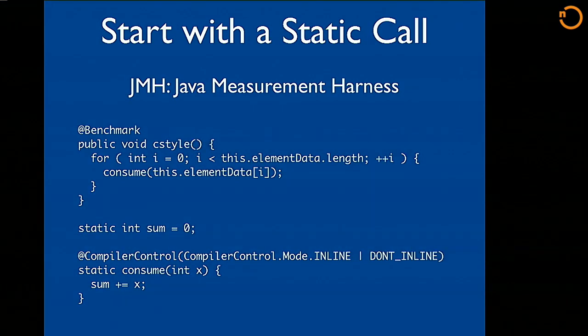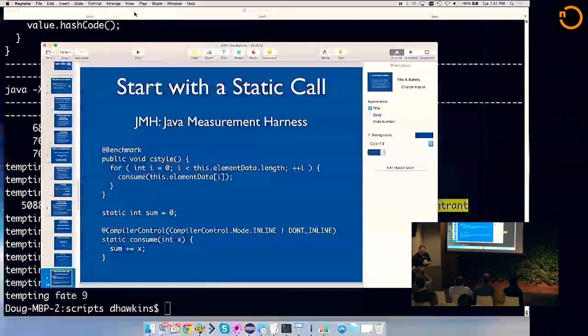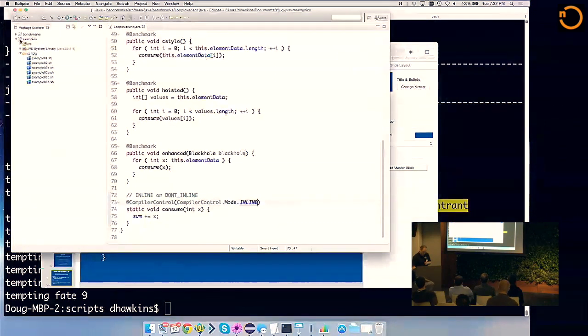We'll actually benchmark this. We're going to use a tool called the Java Microbenchmark Harness. It is actually what Oracle created to benchmark the VM. We use it as well at Azul. And it basically lets you write benchmarks as JUnit tests.